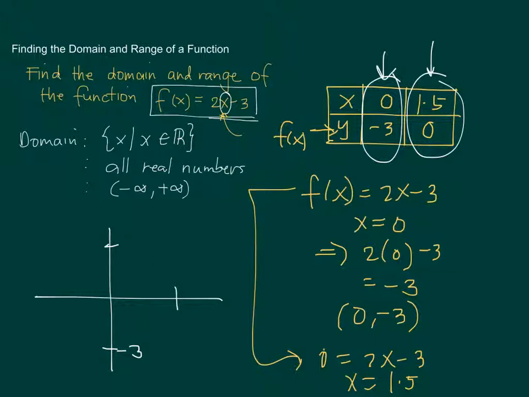So 1.5 is in between 0 and 3. So I have the y-intercept at negative 3, the x-intercept at 1.5. Connecting the 2 points will give me an estimate of the graph, which is a line.